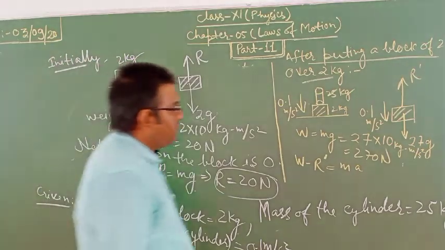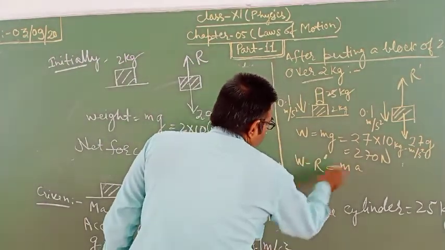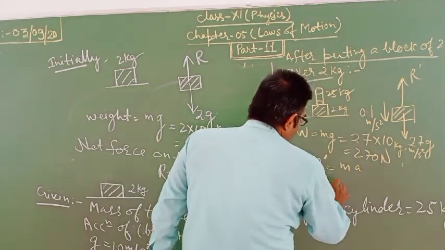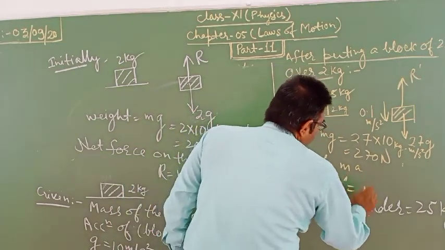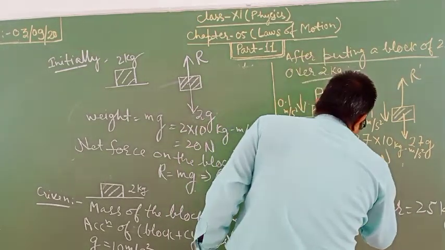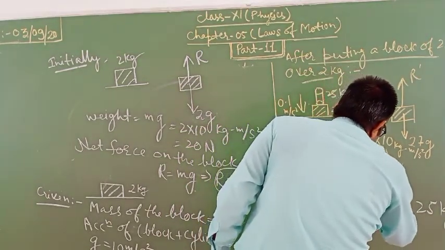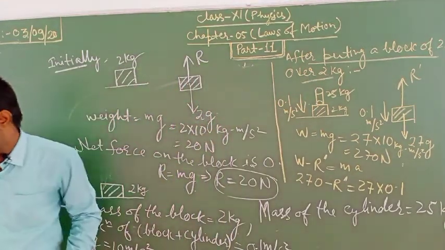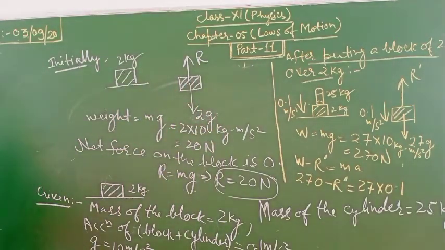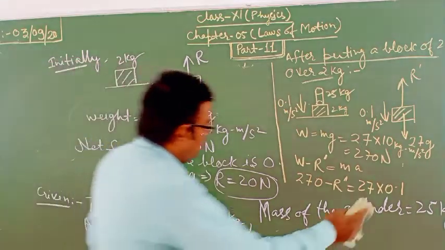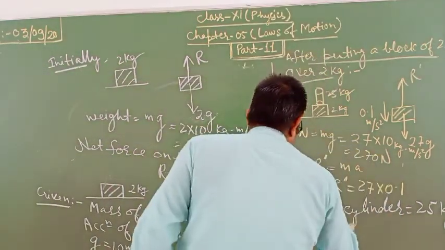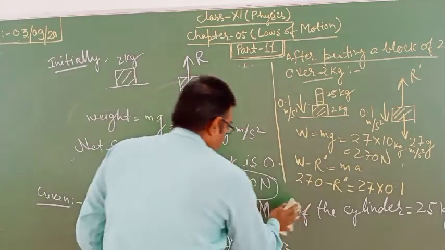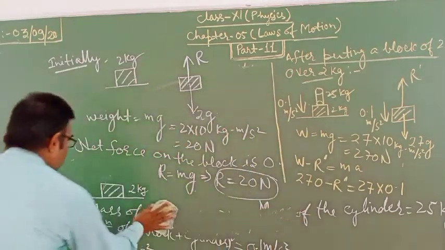And from here we can calculate. Weight we have calculated, 270 Newton, minus R dash is equal to 27 into 0.1. I think it is clear to you students.